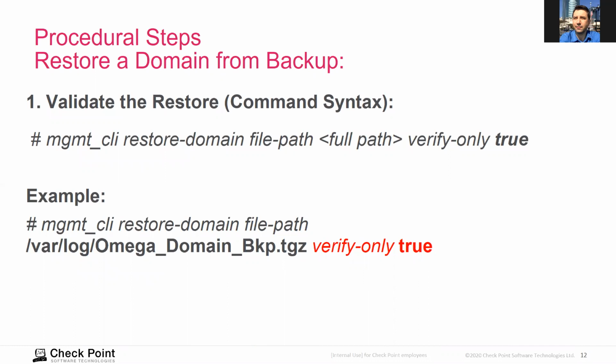After we take the backup, we can restore it. Since we're going to delete the domain, we want to make sure that the file we captured is valid. So there's a command to validate the restore before we actually do it. There is a parameter of the restore domain command called verify only, and the first step when you try to restore a backup is to run it with verify only true.